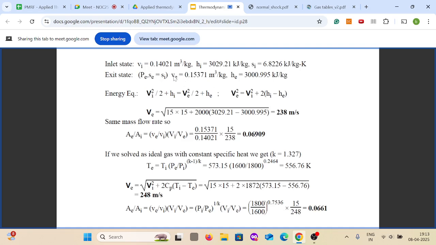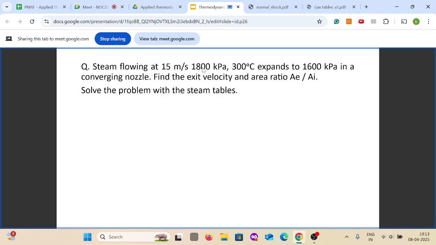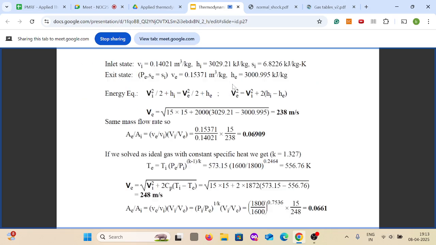So specific volume for this exit pressure of 1600 kilopascal and entropy 6.8226, we get specific volume as 0.153371 meter cube per kg and enthalpy is 3000.995 kilojoule per kg.